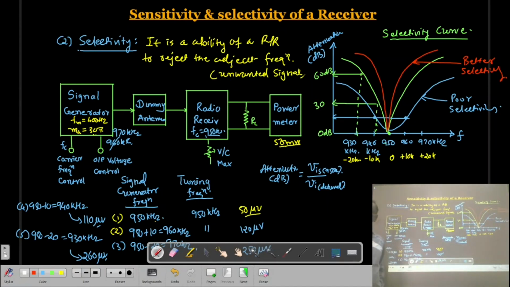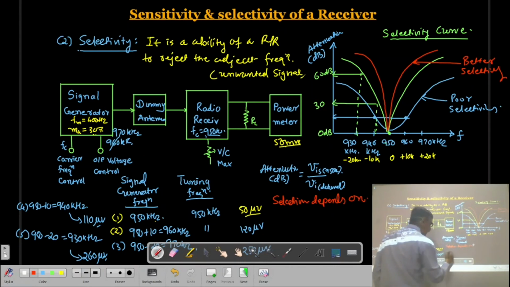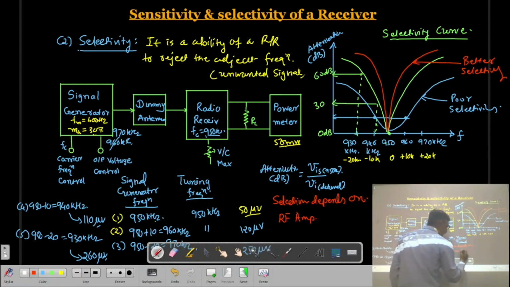Okay? So selectivity, remember, depends on the RF amplifier as well as the IF amplifier.